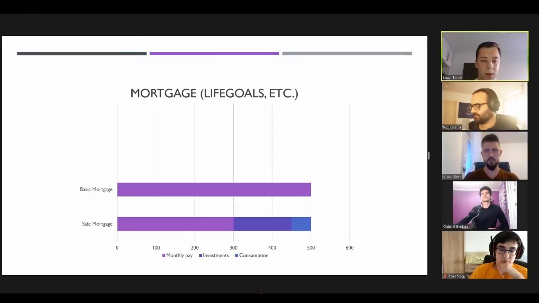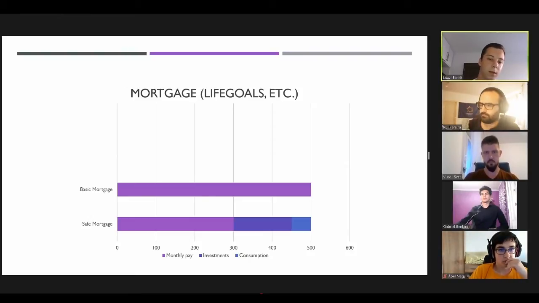So the basic mortgage that you get from a bank is usually set for 20 years. Let's say you can see in the graph that you have to pay €500 a month. That's what he said, that this is usually what you get from the bank. This is the basic form of mortgage. And he introduced me to a safe mortgage.